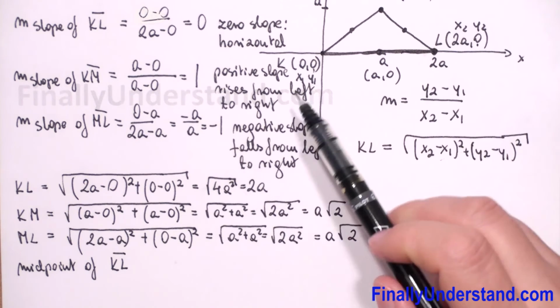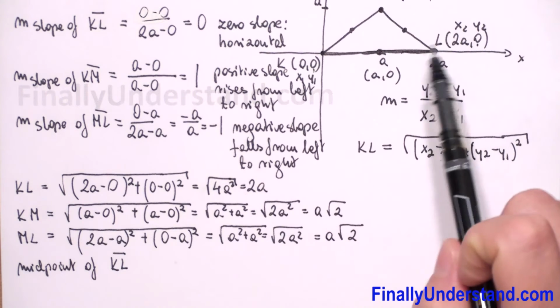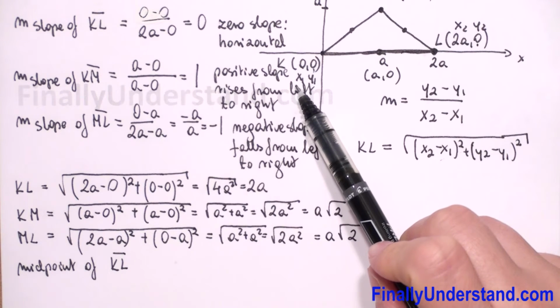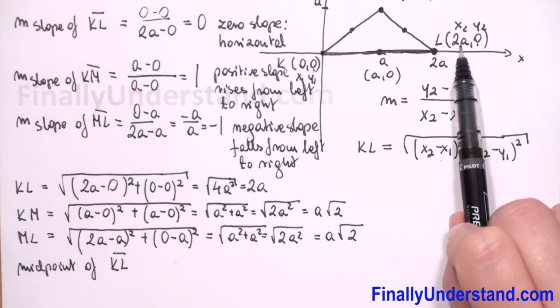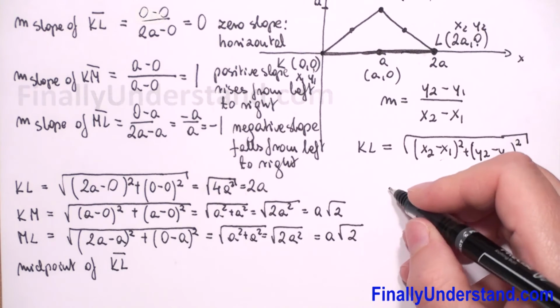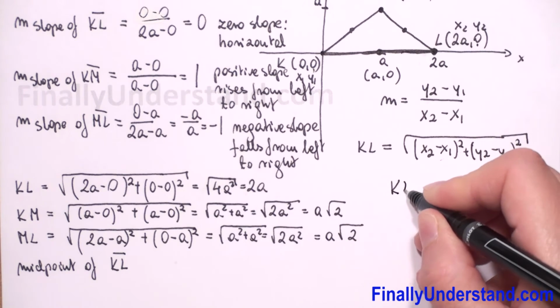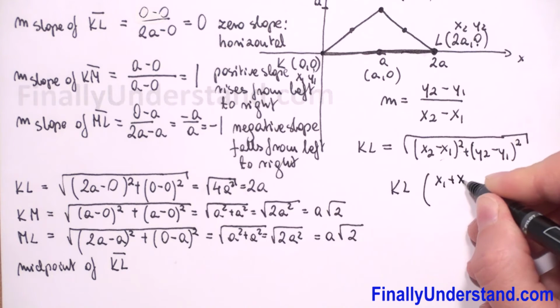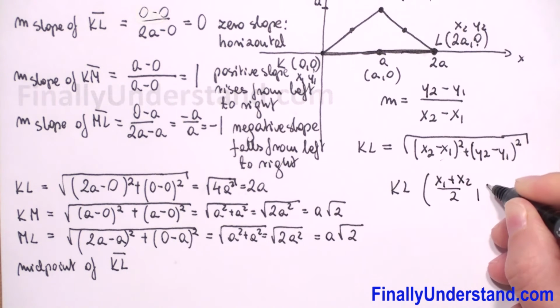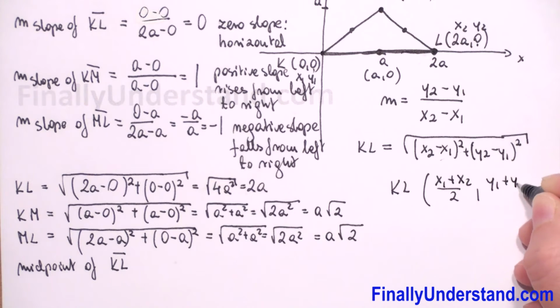When we have points K and L, and K has coordinates x1, y1, and L has coordinates x2, y2. So the midpoint of KL will be x1 plus x2 over 2 and y1 plus y2 over 2.